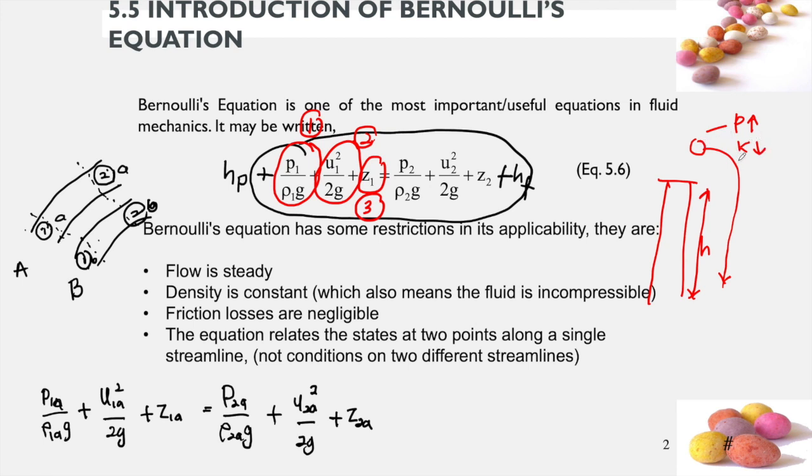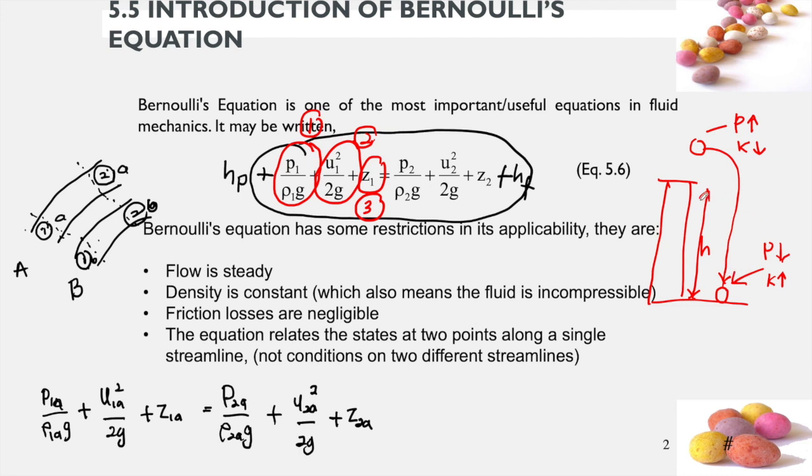As the ball falls and reaches the ground, the potential energy will decrease and the kinetic energy will increase.